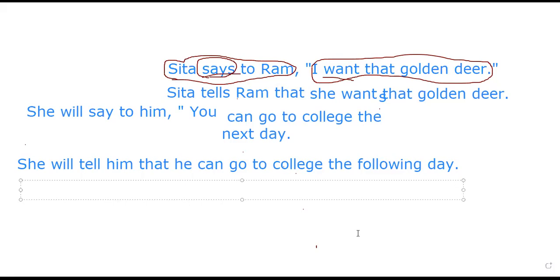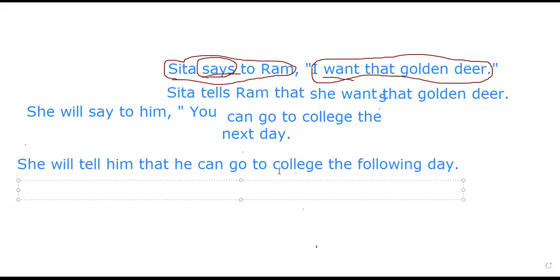See, for every grammar topic, you need to remember the rules, but for tenses, voice, direct, indirect speech, more practice is needed. And if you don't practice, you can't attempt the questions based on these topics. You will not be able to solve the exam.